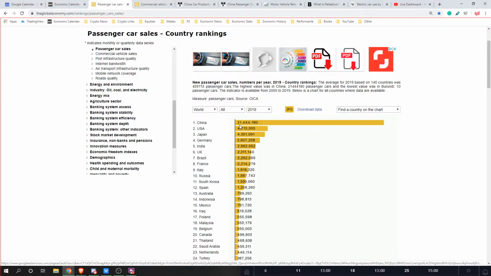They're at over 21 million, and the second closest country is the United States at 4.7. So huge discrepancy in the amount of cars that the first country is purchasing compared to the second country. There's not even a hope of the second country outbeating China. So China is a huge player in terms of how many cars are actually being purchased.